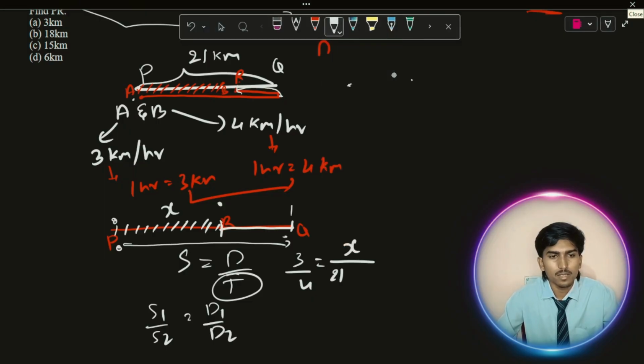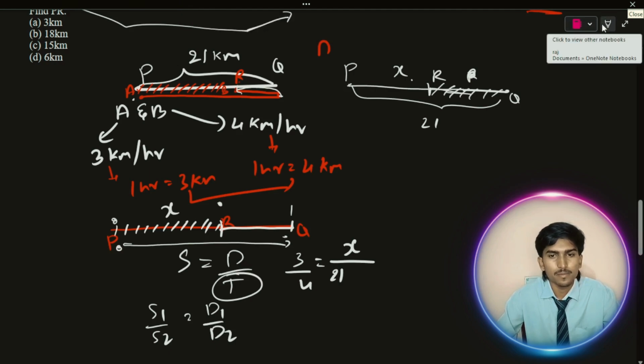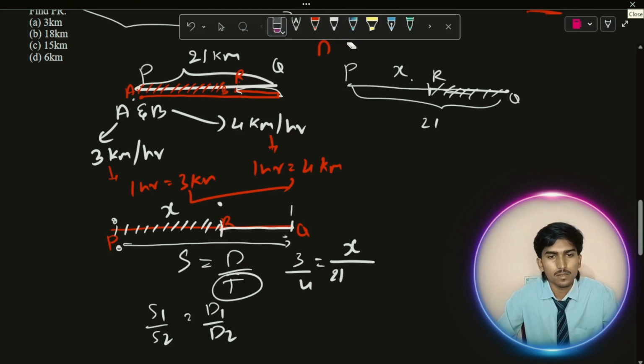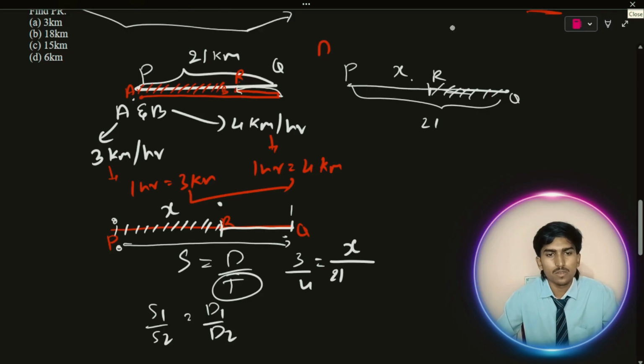For example, this is P and R, and this will be Q. See, this total is 21. If this is x, what will be this QR? Let's think this will be R. What will be the distance of this one? 21 minus x. Okay, this total is 21, and if in this 21 we subtract this x, we'll get 21 minus x.